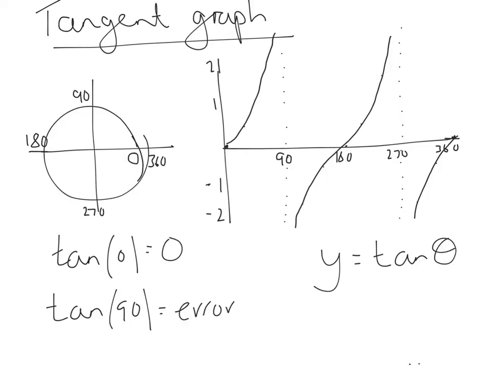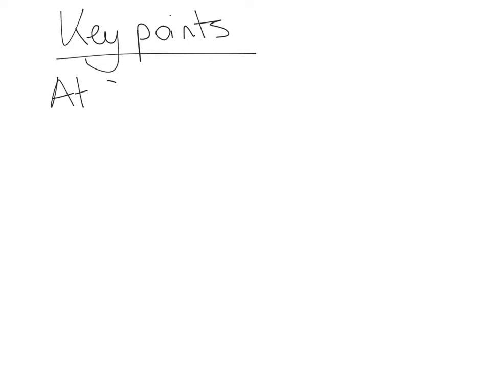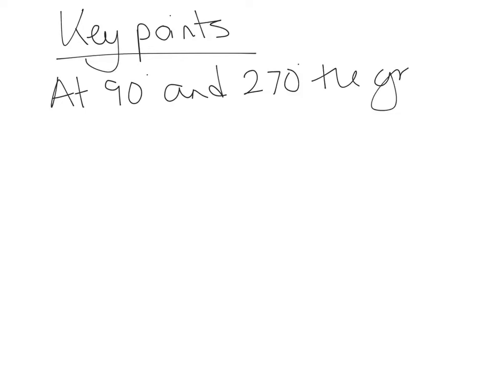So now I'll point out what these dotted lines represent in the 90 and the 270 positions on the x or theta axis, and then we'll also talk about some of the key points of this graph on the next slide. So first of all, at 90 degrees and 270 degrees, the graph does not exist.